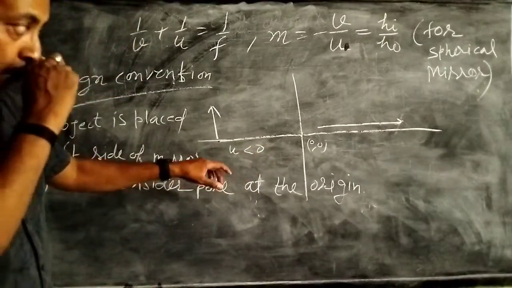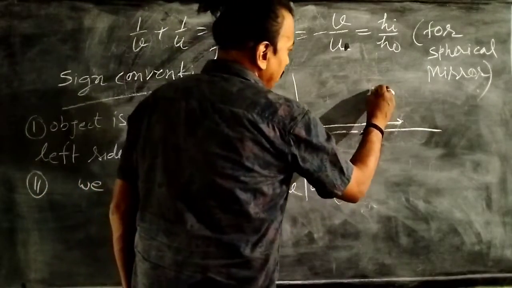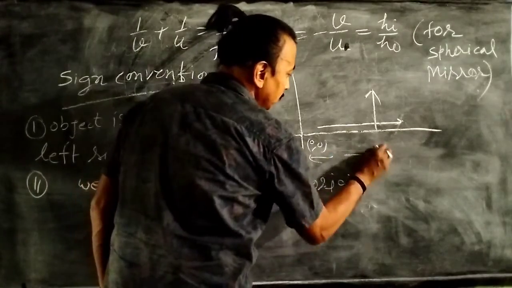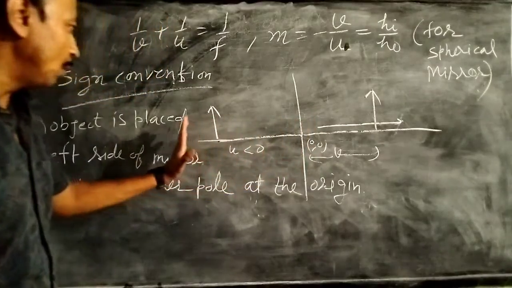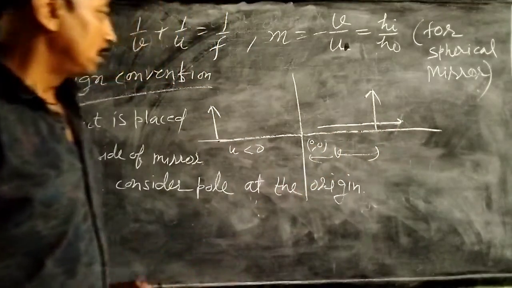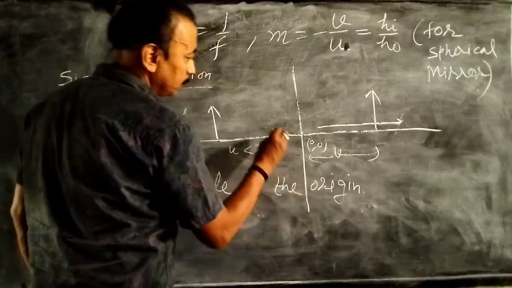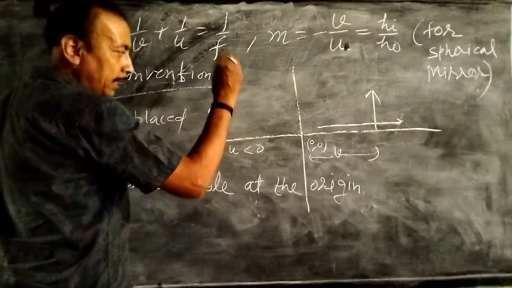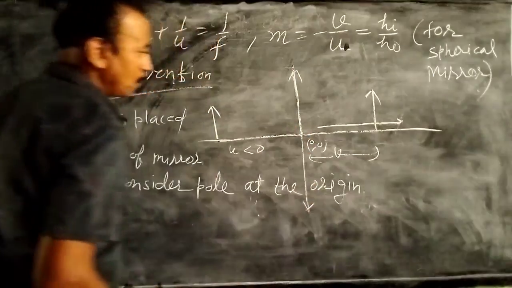We have to take the sign of u negative. And suppose image is formed on this side, then image distance v is greater than 0. All distances left of the pole are taken negative, right of the pole are taken positive. And then along the y-axis, as in coordinate geometry, the distances upward to the principal axis are taken positive, and downward to the principal axis are taken negative.